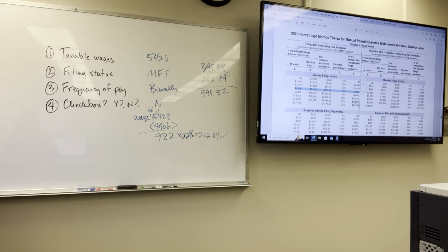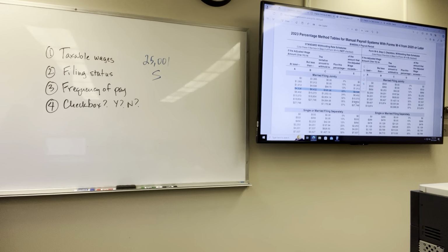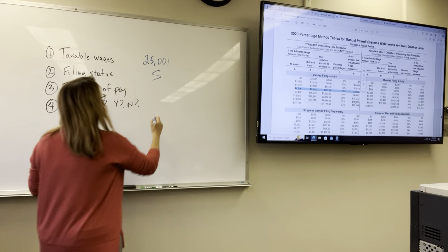So you guys give me the information. Taxable wages. And now you can be ridiculous if you want. Well, that's a little too ridiculous, but 25,000. And $1. Filing status. Single. Frequency of pay. Monthly? Okay. Checkbox, yes or no?